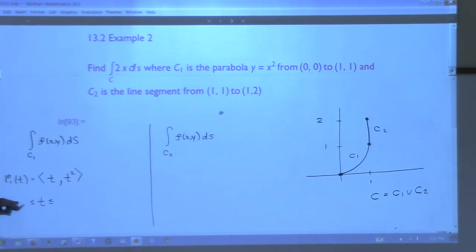Any ideas? 0 to 1, that's it, right? Everyone agree with that? So t is the x, and so you want it from 0 to 1.